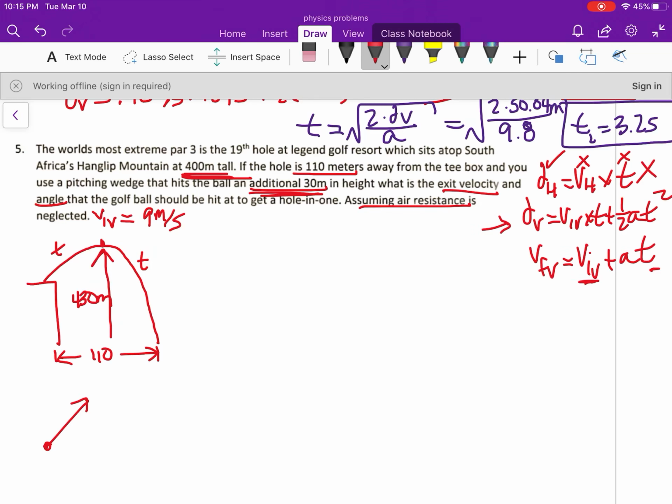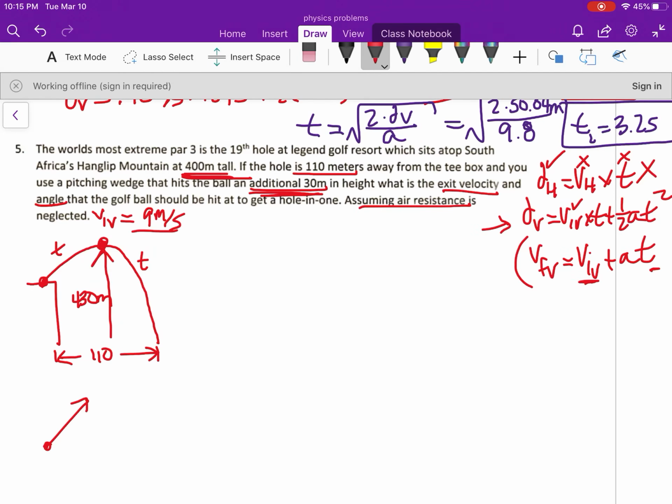Yeah, the second one, because I know my vertical distance. I know my initial velocity is 9, right? Oh, so I guess never mind. We can use this bottom one here, because I forgot that I had that initial vertical velocity. So we can use that bottom one to solve for the time that it takes to get from here to the peak.